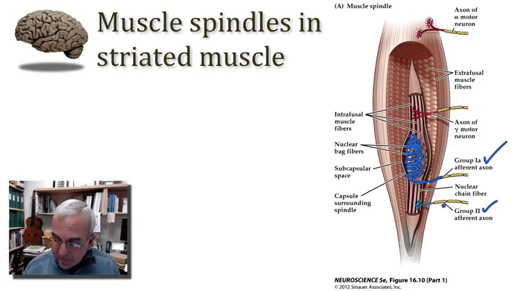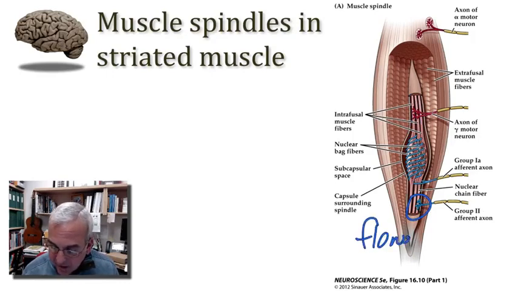The group 2 afferent axon supplies the contractile portions of these intrafusal muscle fibers, which is found away from that more bulbous-shaped central region. And rather than wrapping around these muscle fibers in a spiral-type shape, which is what happens with the group 1 axons, the group 2 axons make a more limited type of ending that we call the flower spray ending.